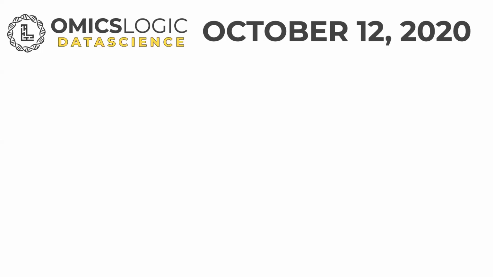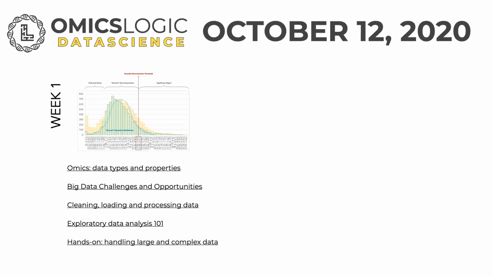But let me briefly describe what we will cover in the program itself. In the first part of the program, in week 1, we are going to speak about different types of omics data. We'll discuss big data challenges and opportunities, many of which have resulted in pipelines to process data.